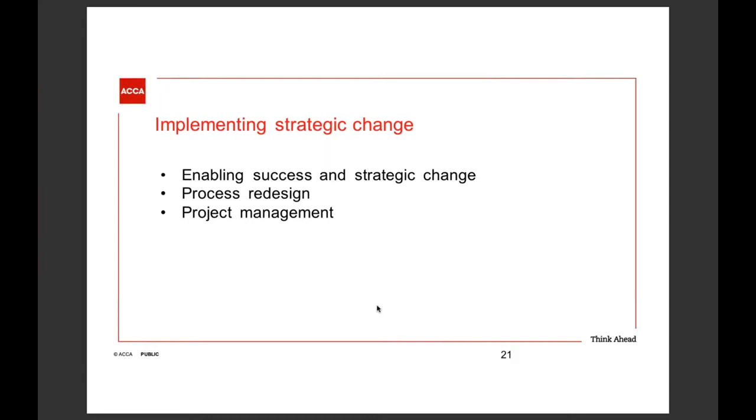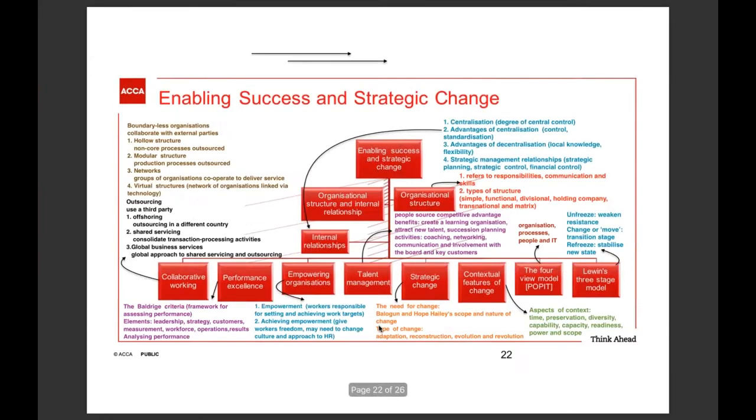Under this syllabus area, you have enabling success and strategic change, and then you have process redesign, and then you have project management. Don't be overwhelmed by this. I'll be sharing this in the WhatsApp group.